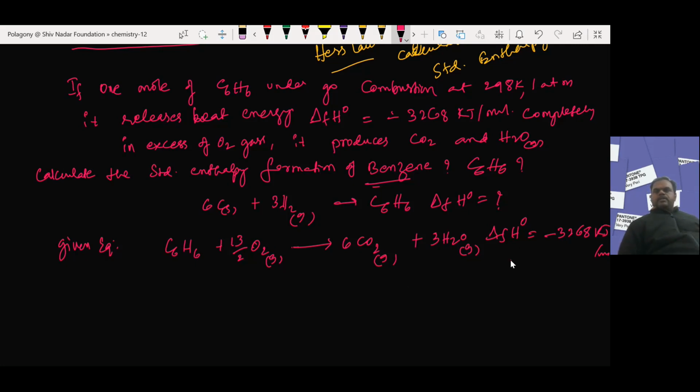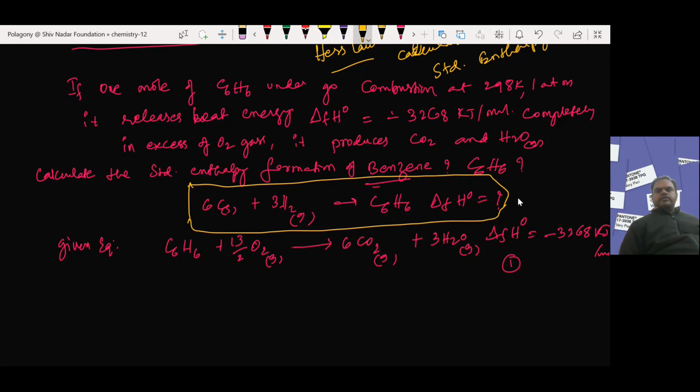So this is equation number 1. Now we have to find the standard enthalpy of formation of benzene from this given data.